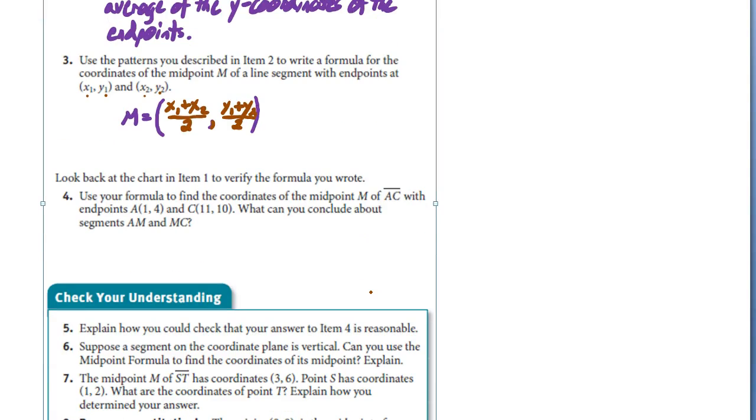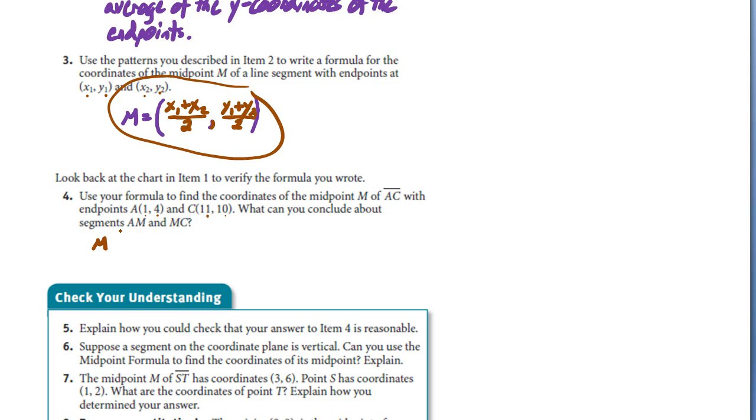Question 4. Use your formula, so this one that we just wrote, to find the coordinates of the midpoint M of segment AC with endpoints at 1, 4, and 11, 10. So we're going to use that formula to find the ordered pair for M. We add the x coordinates together, the 1 plus 11, and divide by 2.